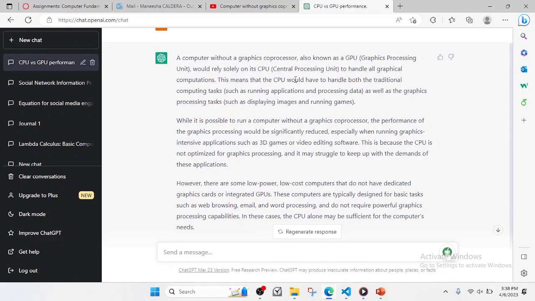This means that the CPU would have to handle both traditional computational tasks such as running applications and processing data, as well as graphics processing tasks such as displaying images and running games. While it is possible to run a computer without a graphic coprocessor, the performance of graphics processing would be significantly reduced, especially when running graphics intensive applications such as 3D games or video editing software.